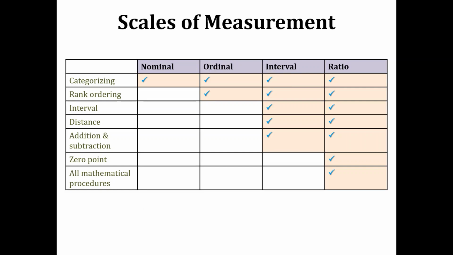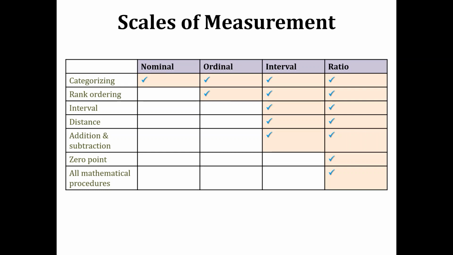Here we can have a quick comparison of the 4 levels that we have just studied. The property of categorizing is present in all of the 4 scales. Rank ordering is absent in the nominal scale, and it is present in the other scales. Then measuring the interval is absent in the nominal and ordinal scales, but it is present in the interval and ratio scales.